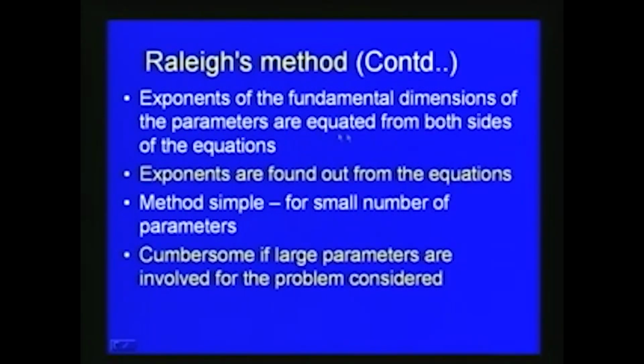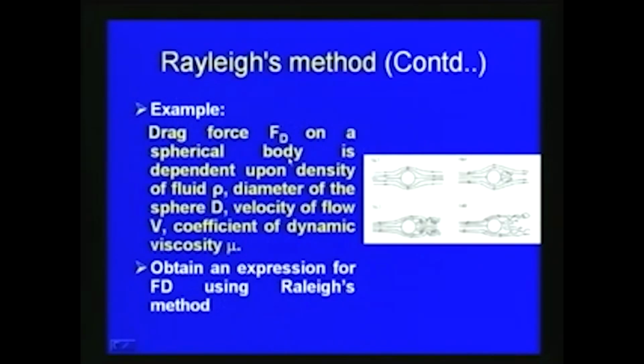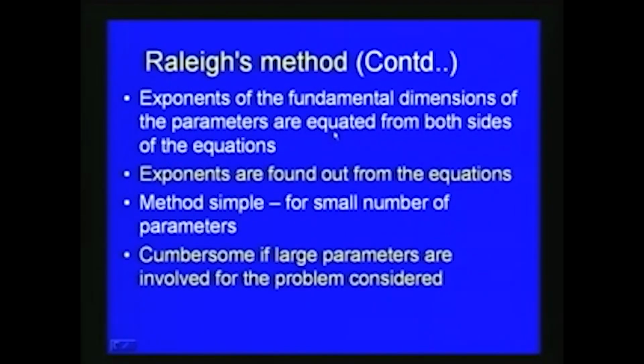With respect to this we will have some unknown exponents, as we have seen in the previous slides. In Rayleigh's method, the exponents of the fundamental dimensions of the parameters are equated from both sides of the equation. We will discuss this further with an example.